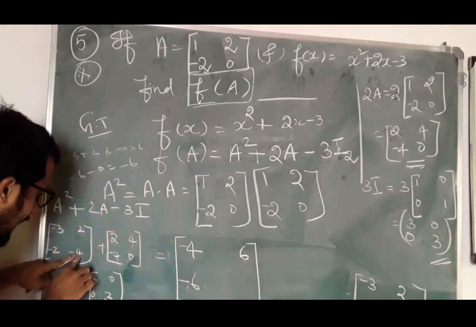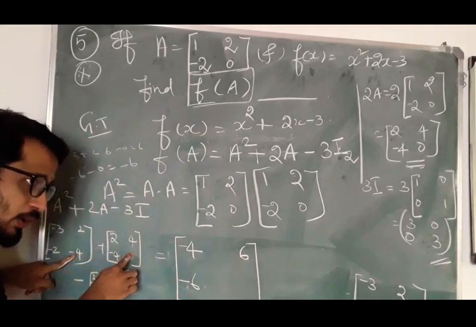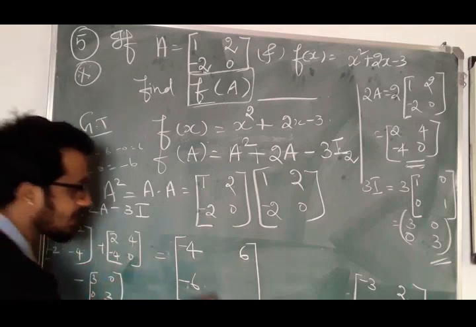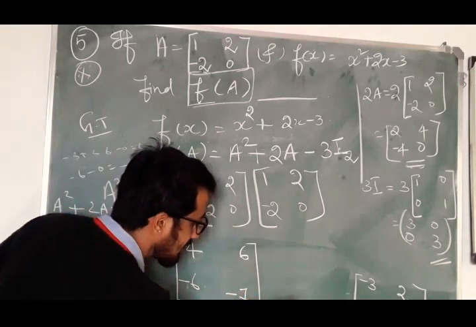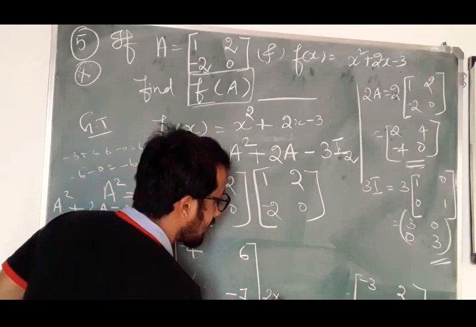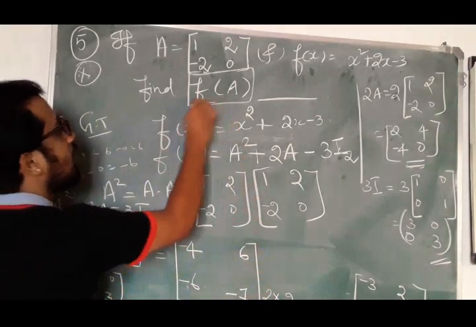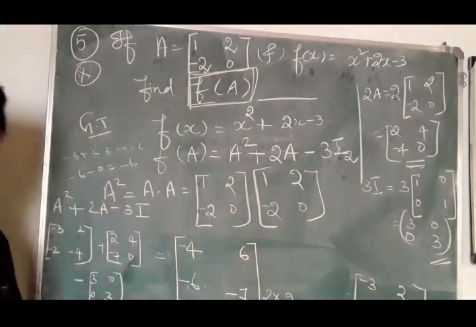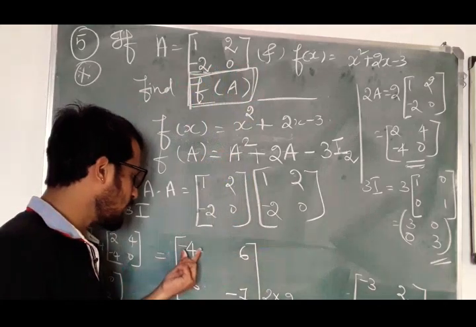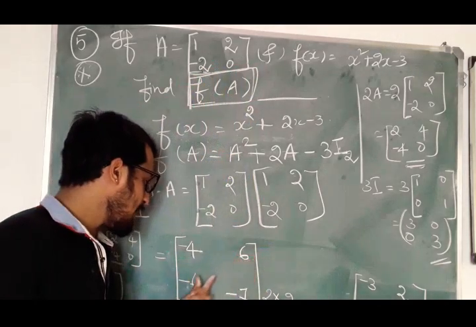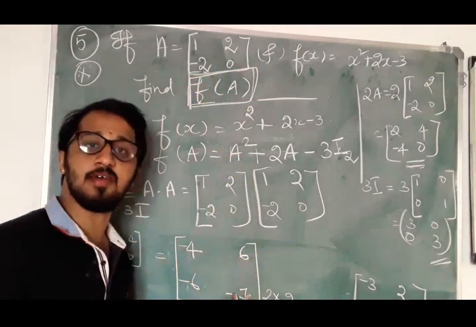Next, minus 4 plus 0 is minus 4, minus 4 minus 3 is minus 7. This is the resultant required matrix of f of A. Therefore f of A is equal to [-4, 6; -6, -7].